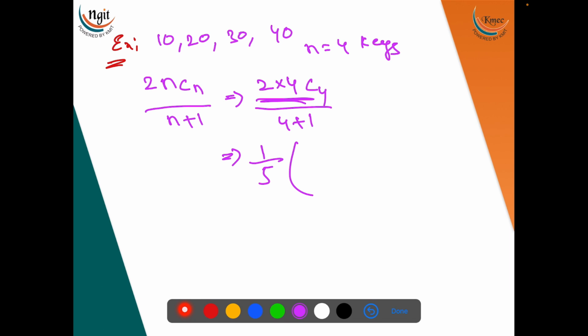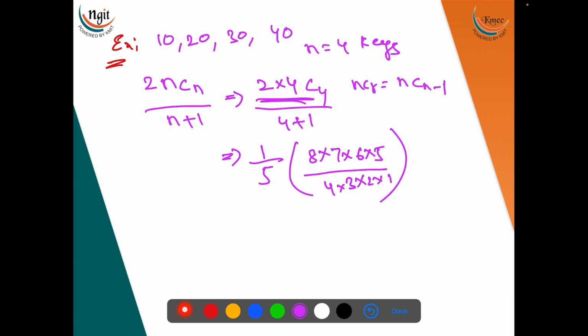I am just writing this formula: 8 into 7 into 6 into 5, and 4 factorial, which I write as 4, 3, 2, 1. This formula you already know from mathematics, right? NCR is equal to NC(n minus R), that means NCR is equal to n factorial by R factorial into (n minus R) factorial.